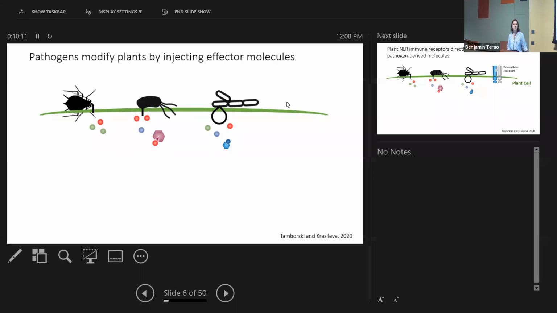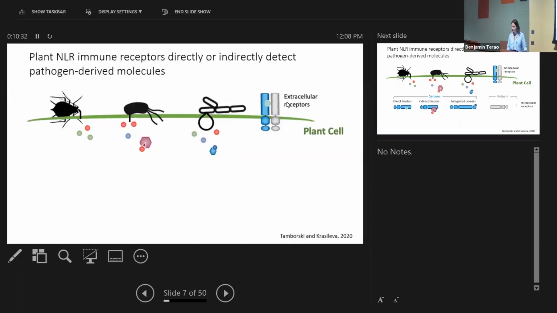They also secrete them outside of the plant cell. And the role of these effectors is to establish disease, to suppress the immune system, and acquire nutrients. And those effectors are what actually reveal to the plant immune system the presence of the pathogens. And plants can really differentiate that.